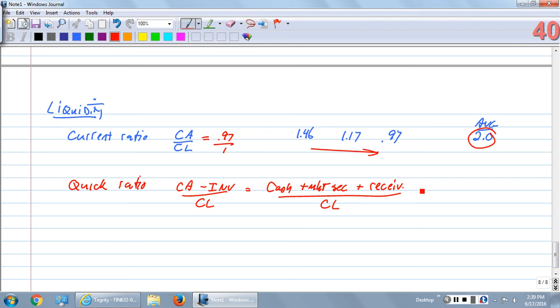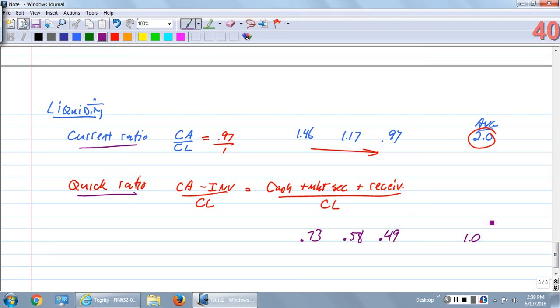So really all we're doing is subtracting out the inventories, and the reason we do that is the inventories are the least liquid. So this quick ratio is really probably a truer measure of true liquidity.